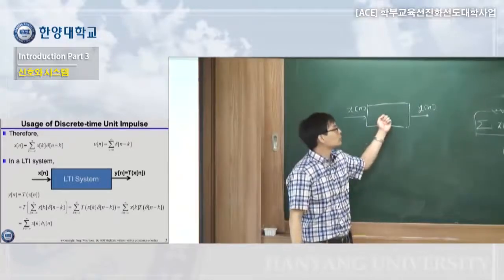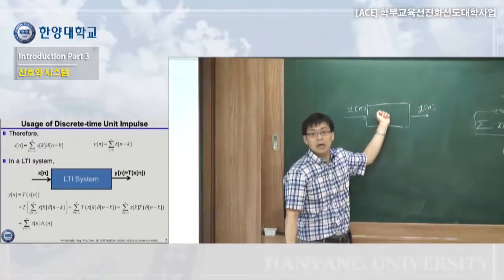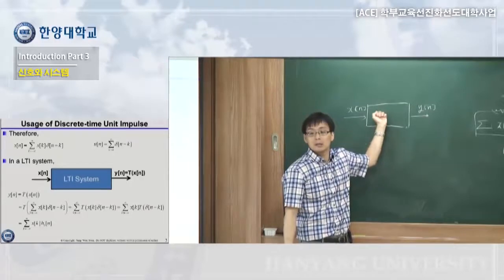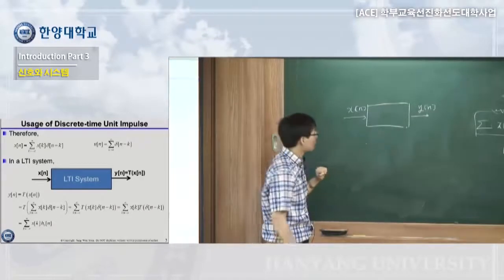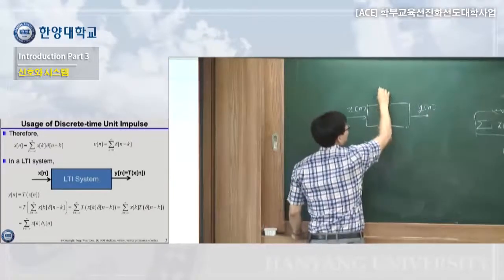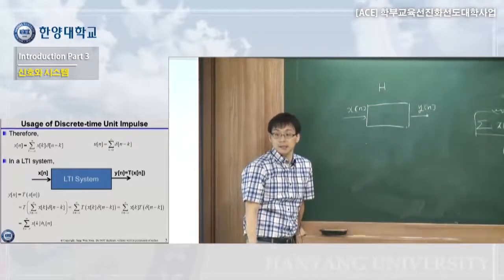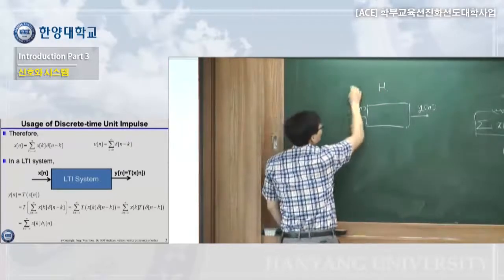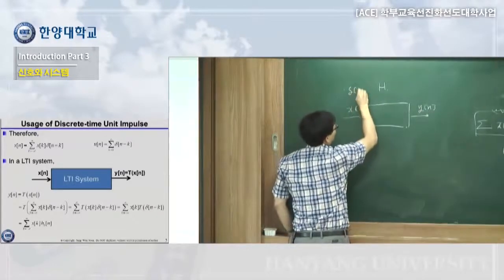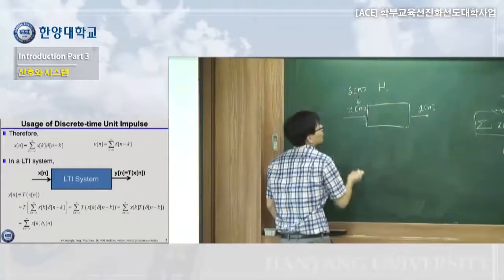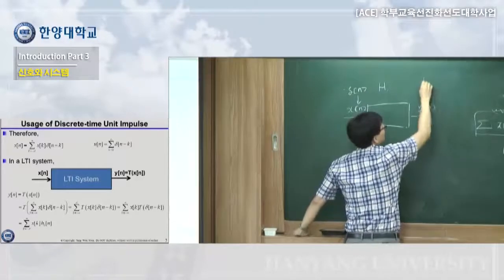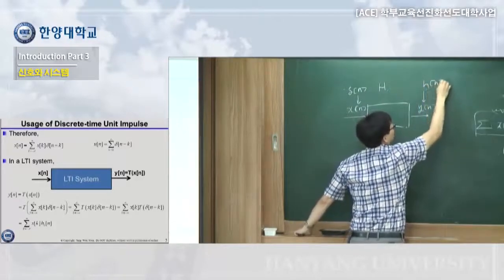How to model this? Before we start, the transfer function is given as follows: when you apply the delta function as an input, the output of the system is given as h.